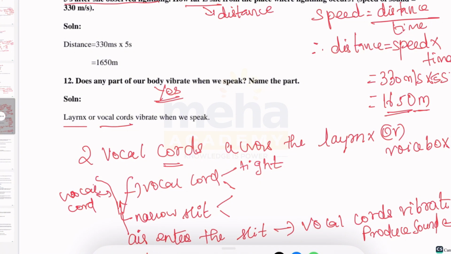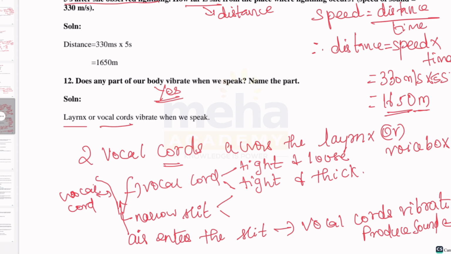When the vocal cords are tight and loose, the produced voice will be different. If the vocal cords are tight and thin, the produced voice will be different.